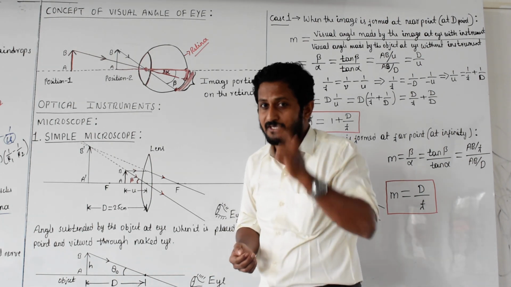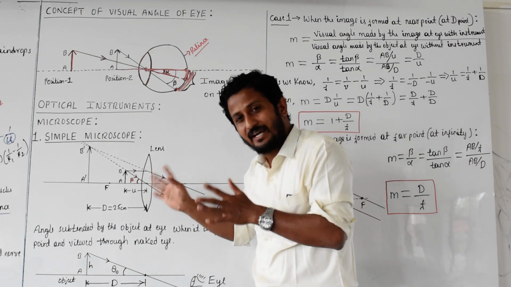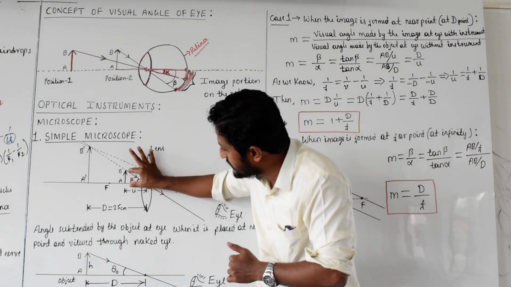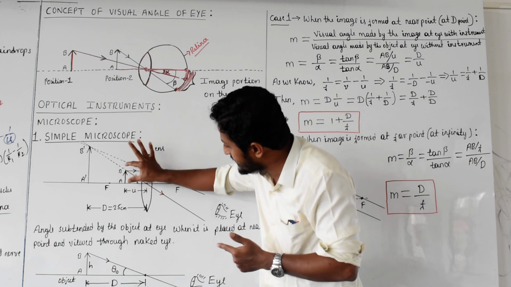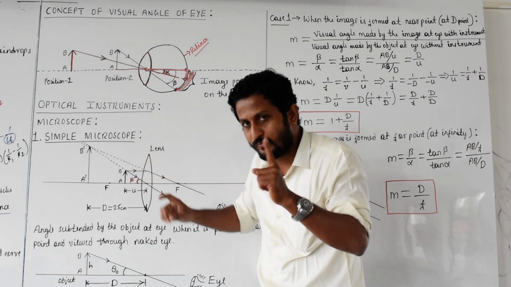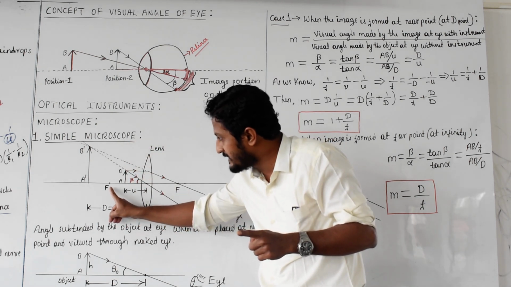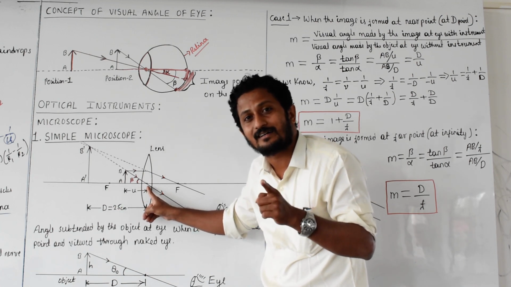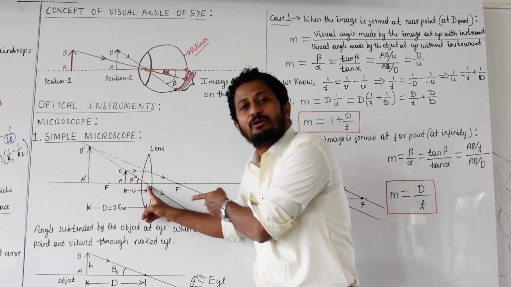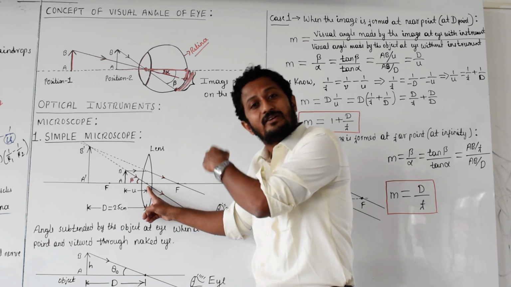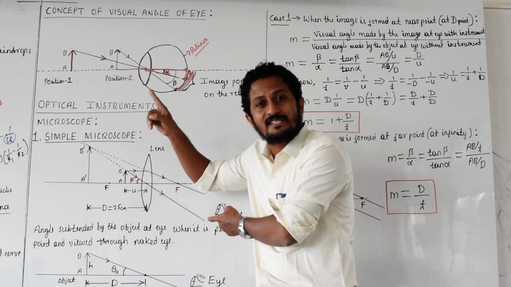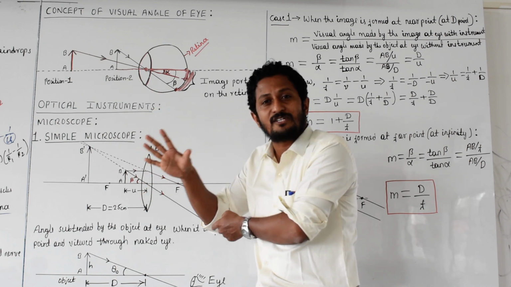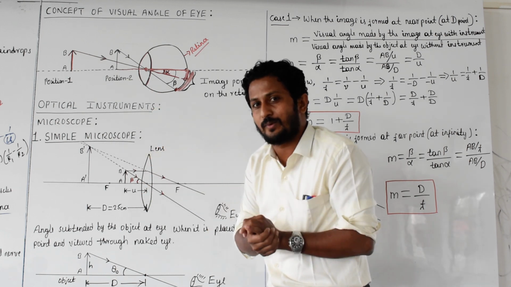Then only it produces the virtual image. We already saw this, the sixth case, when discussing image formation by a biconvex lens.